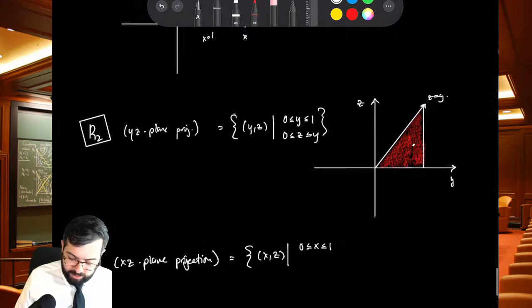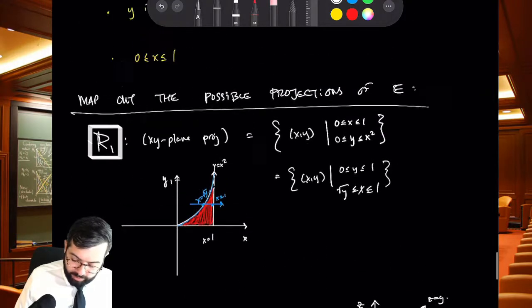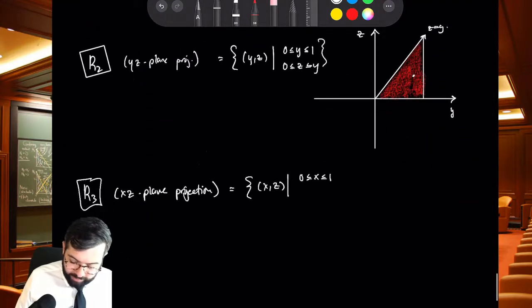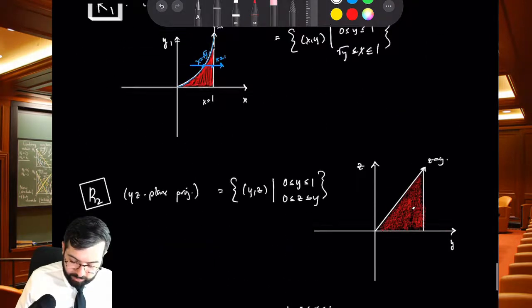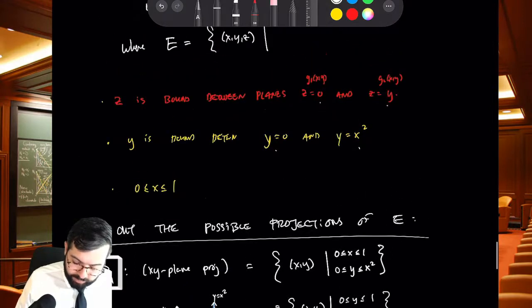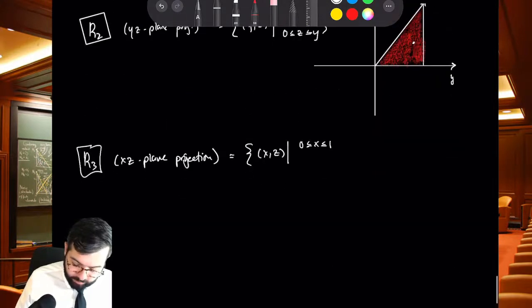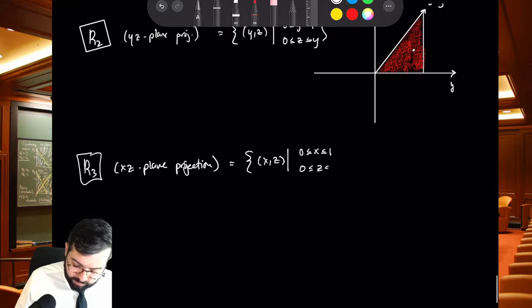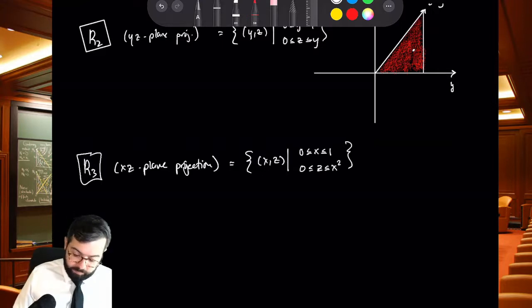And we said that Z varies between 0 and Y. Well, Y is 0 here, so we need to be in terms of X. Well, Y is varying between 0 and X squared. So we know that Z is bound between 0 and X squared. Again, you'd want one of these to be constant and one to be in terms of just the other variable in the plane, right? Does that make sense?